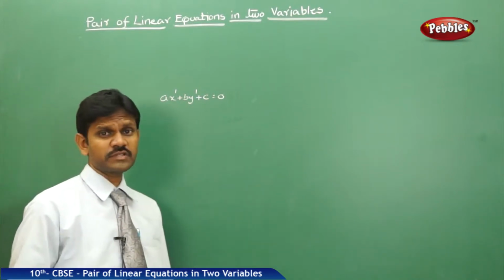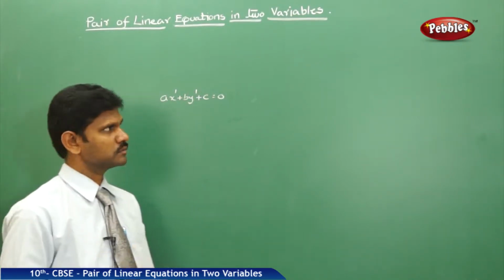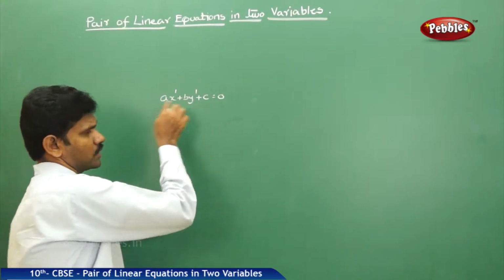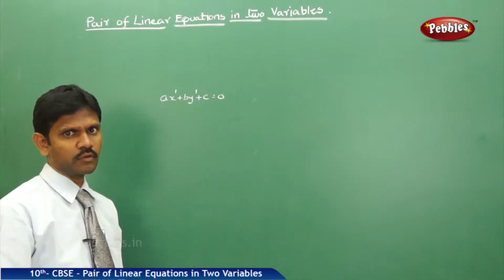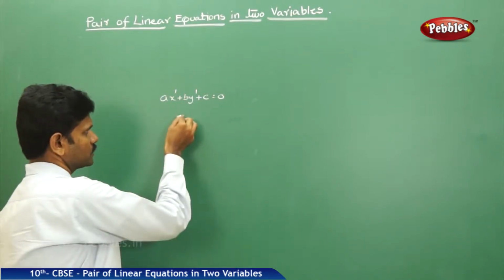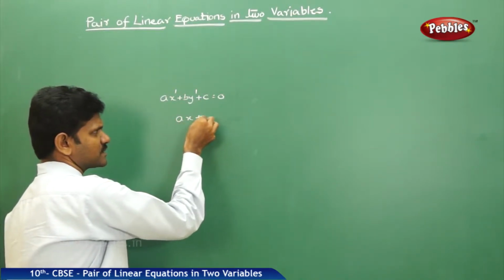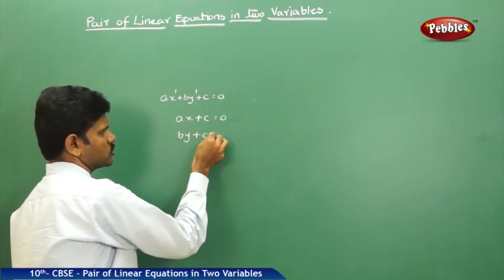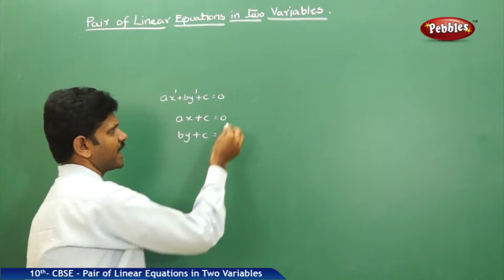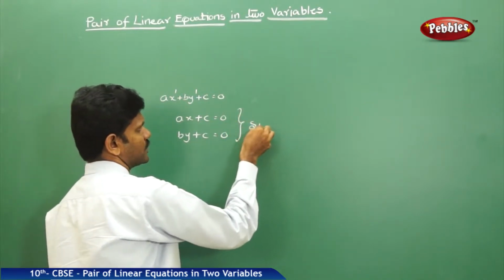Suppose a linear equation with one variable is called what? In a linear equation, how many variables are there? Two variables are there. Now suppose it is only one variable, that is either ax plus c is equal to 0 or by plus c is equal to 0, which is called a simple equation.